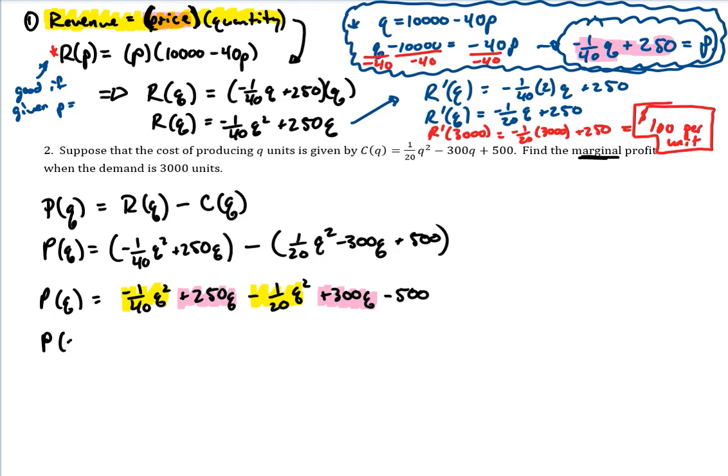Okay, so we have P of Q is equal to the negative 1/40th minus 1/20th. So they're the same sign, so it's kind of like adding, but make sure we still keep it negative at the end.